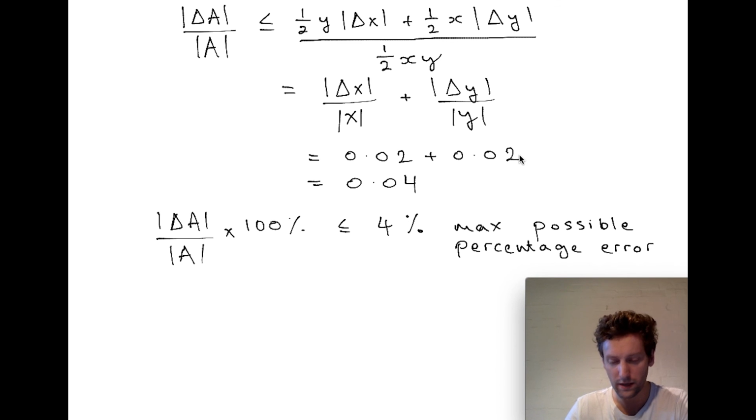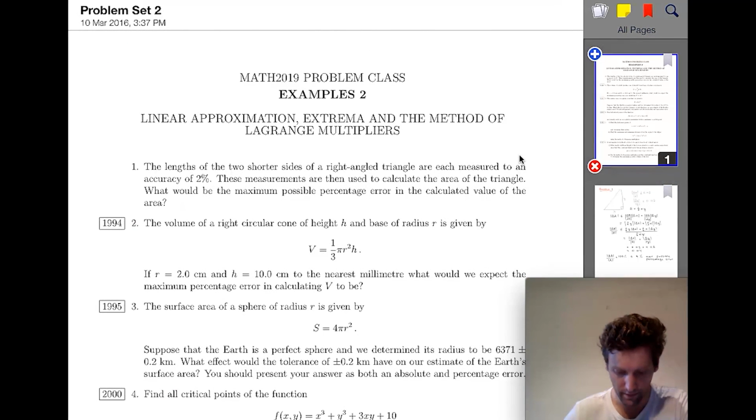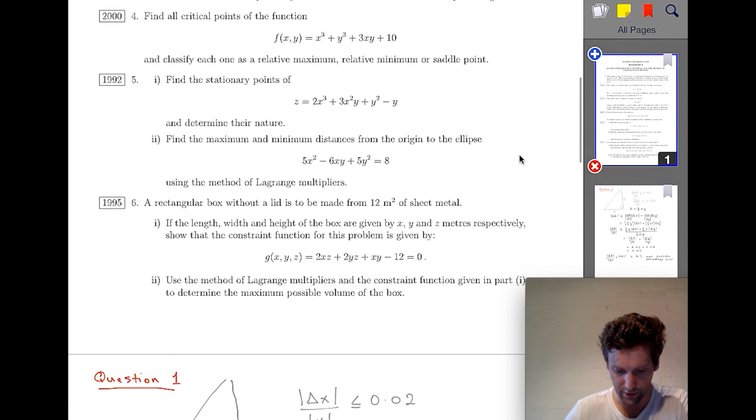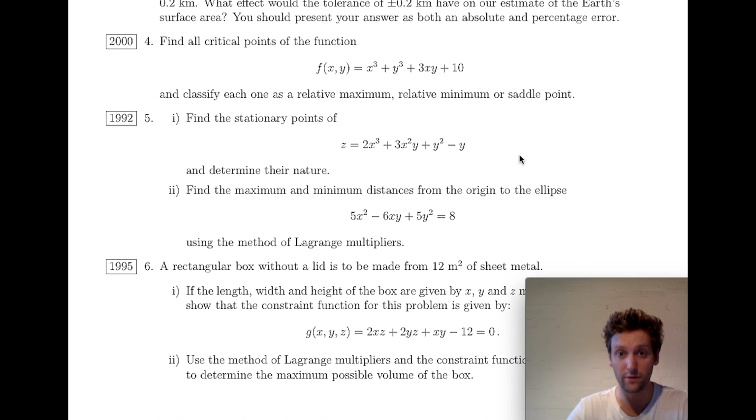Okay, let's take a look at the next problem. I'm going to skip to question 5. This is a question on stationary points. So here we have a function 2x cubed plus 3x squared y plus y squared minus 1.